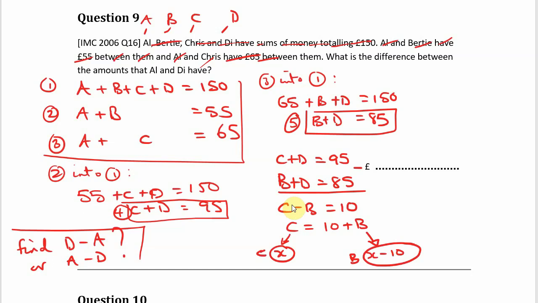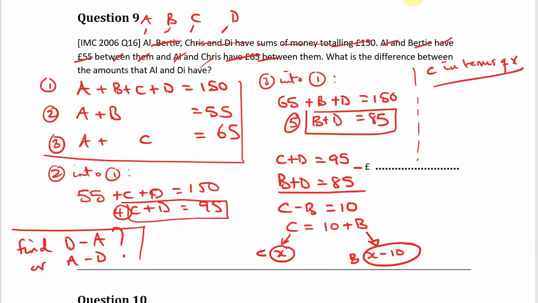We then need to go and figure out, well, what is this for the other lot? So I'm going to use these equations of A plus C and maybe C plus D or something like that to find out what C is in terms of X. And you can probably use any equation you've got.